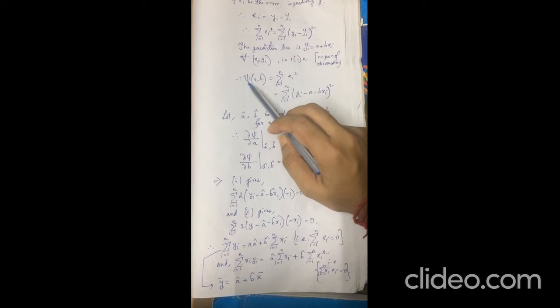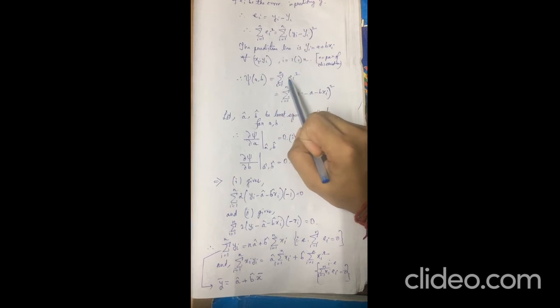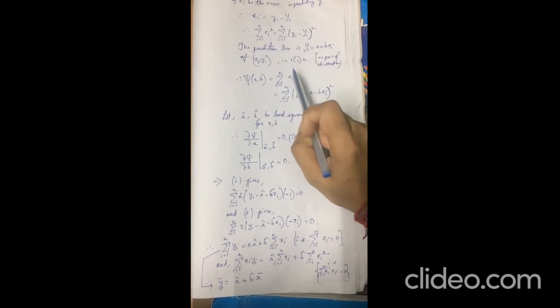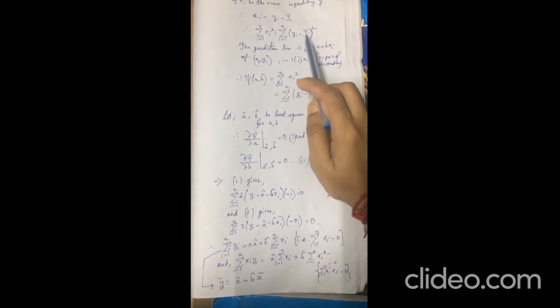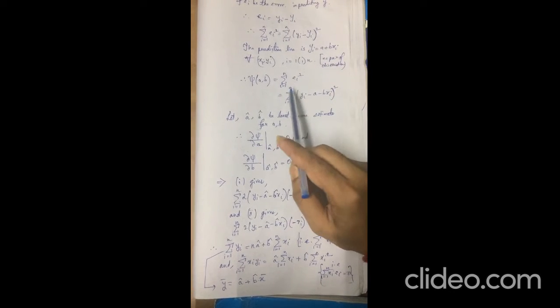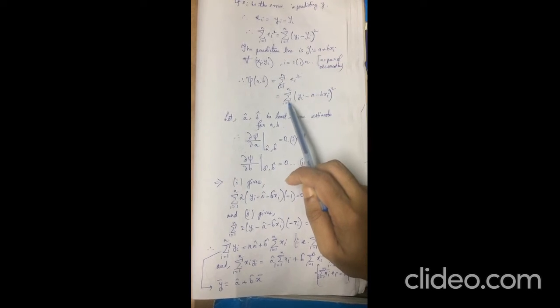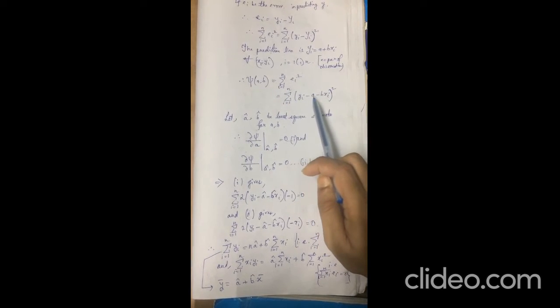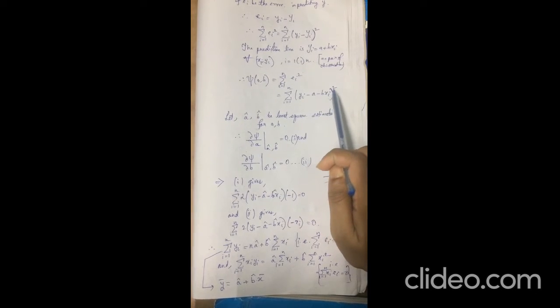I denote a function psi of (a, b) equal to the summation of ei square. Now remember, ei square is nothing but small yi minus capital Yi, and capital Yi is again a plus b xi. So I get the summation i equal to 1 to n of (yi minus a minus b xi) whole square.